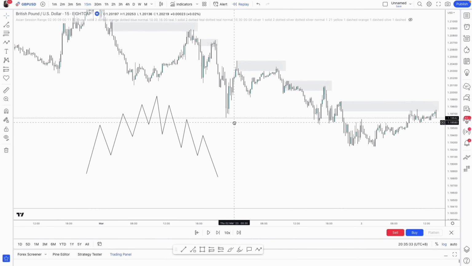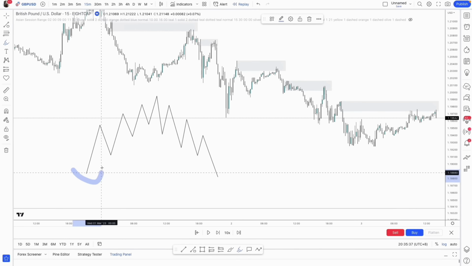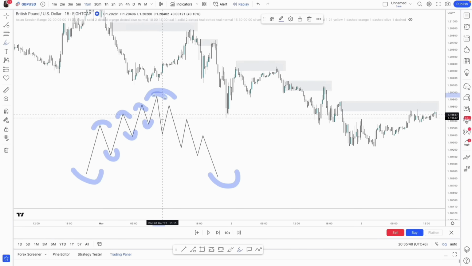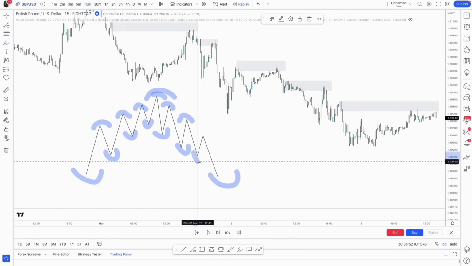Essentially, we have multiple types of structure in one. We have swing structure, which is our external structure, and then we have our internal structure, which is the internal swings of market structure.